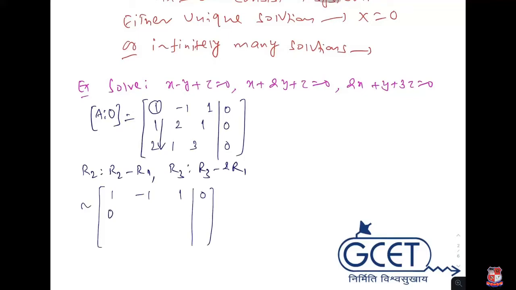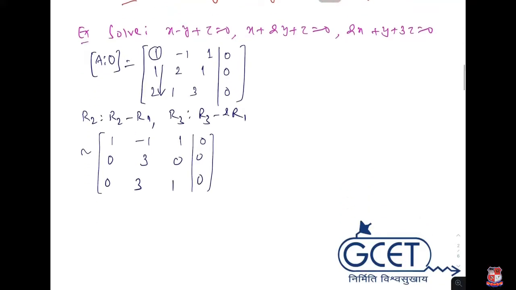Then this is 2 minus minus 1, so 2 plus 1, so that is 3. This is 1 minus 1, 0. Then this is minus 2 multiply and add here. So minus 2 plus 2, that is 0. This is minus 2 times minus 1, so that will be 2 plus 1, so that is 3. And then this is multiply with minus 2 plus 3, so that is 1.